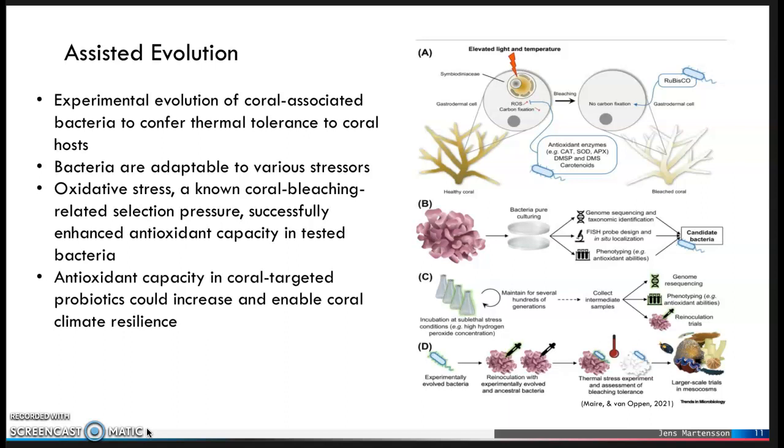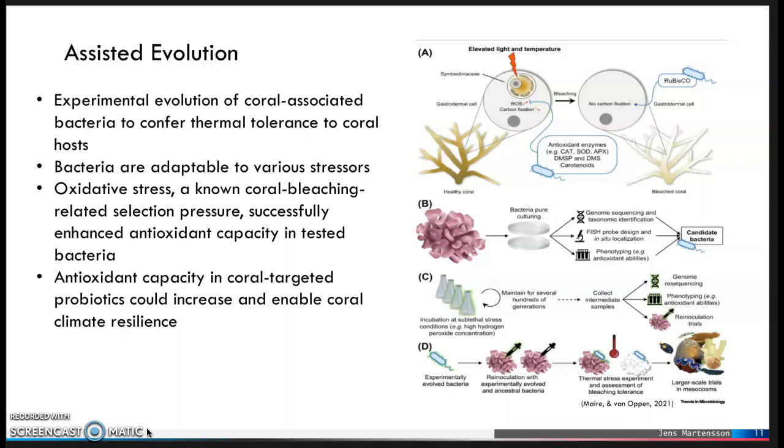Oxidative stress is a known coral-bleaching-related selection pressure, as we just discussed, and successfully enhancing antioxidant capacity in tested bacteria could confer this tolerance to coral hosts. Antioxidant capacity in coral-targeted probiotics could increase and enable coral to have climate resilience.